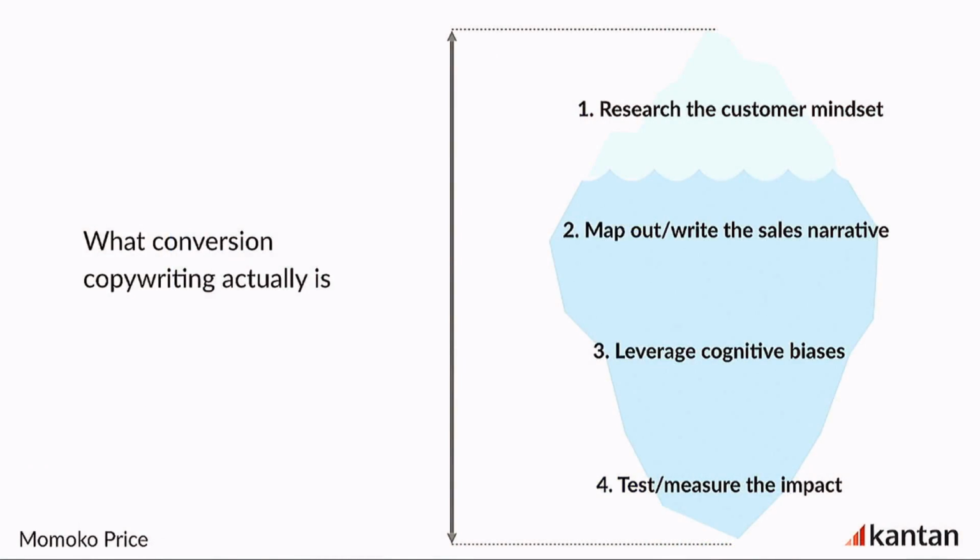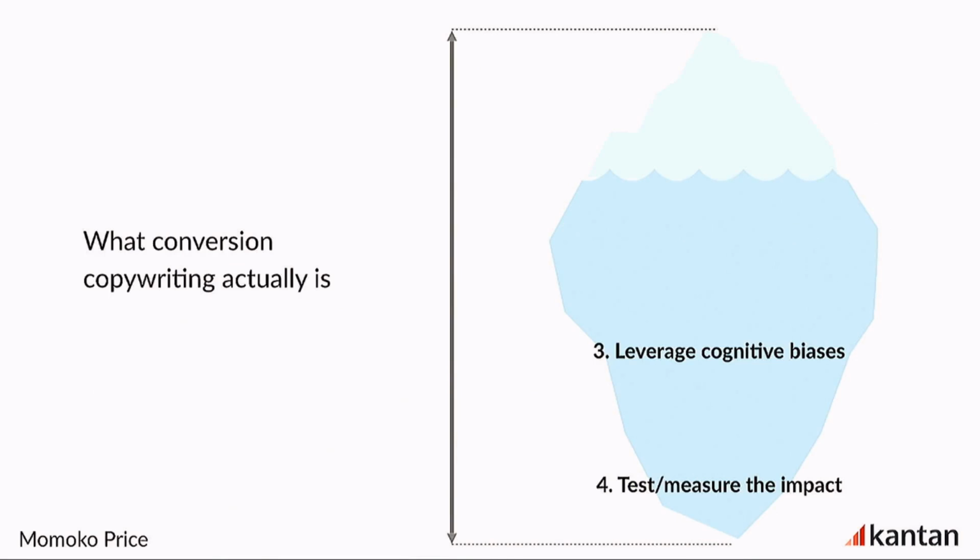I would say that when people start trying to do conversion copywriting on their own, they have a tendency to focus almost entirely on steps 3 and 4 and pay trivial lip service to steps 1 and 2, even though steps 1 and 2 are arguably a lot more important. This is mainly because I think that a lot of people look at conversion copywriting as some kind of a bag of persuasive hacks and tricks, as opposed to what it actually is, and what truly great copywriting has always been, which is an exercise in empathy, right?